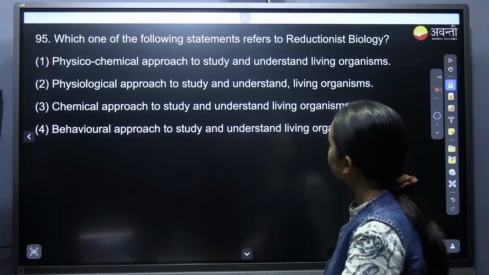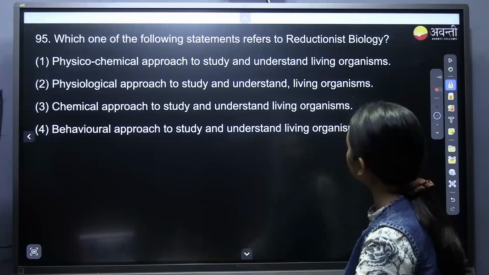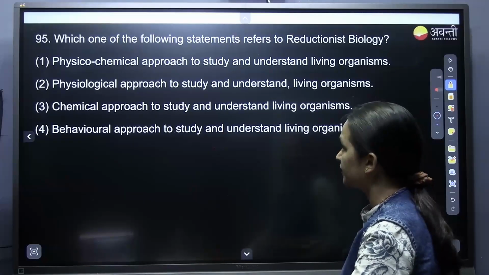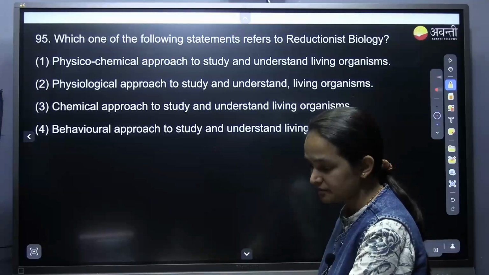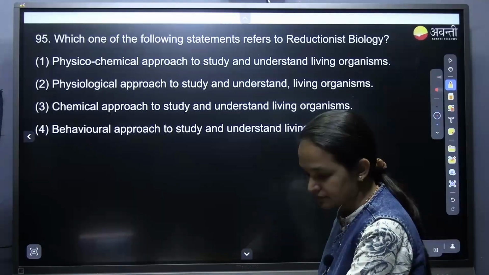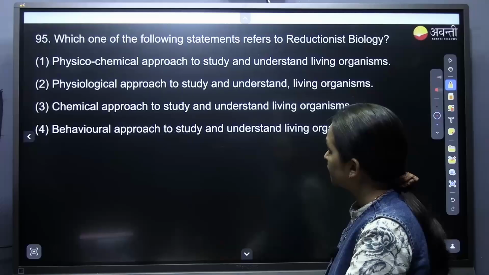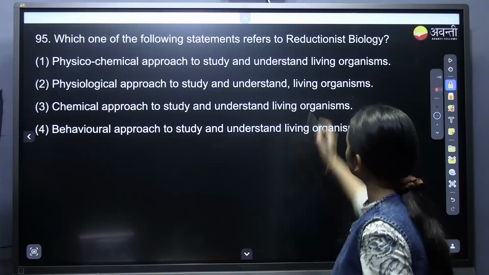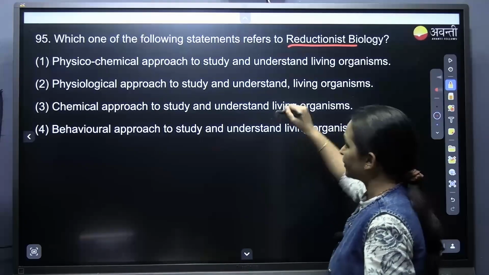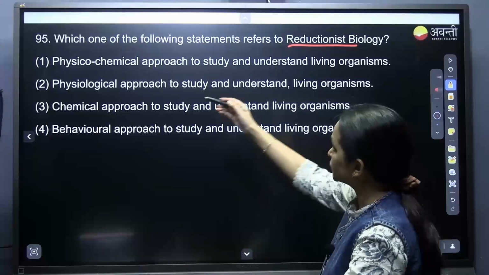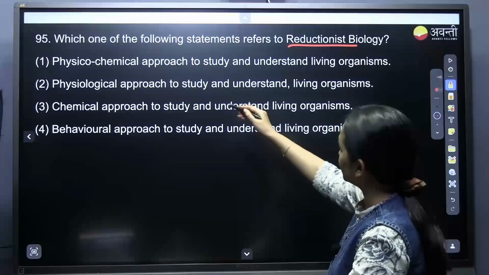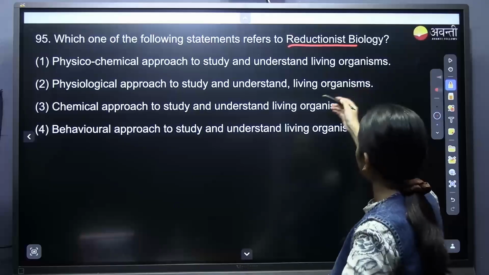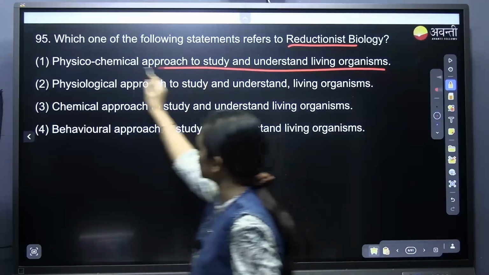Which of the following statements refer to reductionist biology? Reductionist means simplifying things. A physiochemical approach to study and understand living organisms: yes, this is the correct answer.